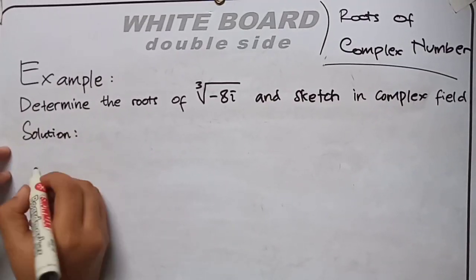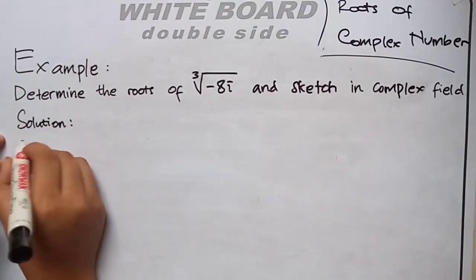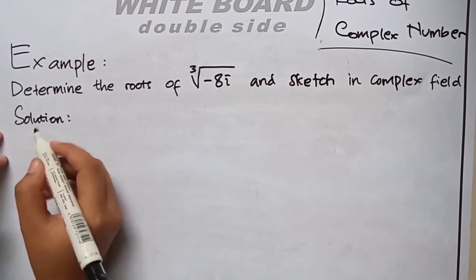We already know the formula of zk, so we change k by 0, 1, and 2.